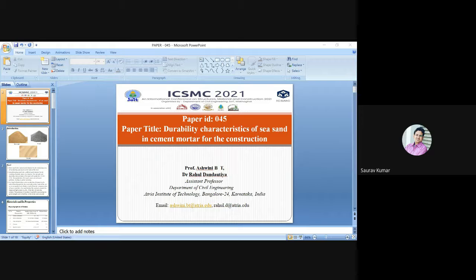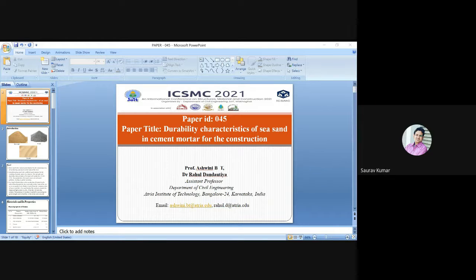Nowadays, river sand is replaced by manufactured sand, and due to this process, weathering rocks are disintegrated and erosion of rocks and soil is happening. For that reason, we thought to use sea sand as a replacement for river sand.